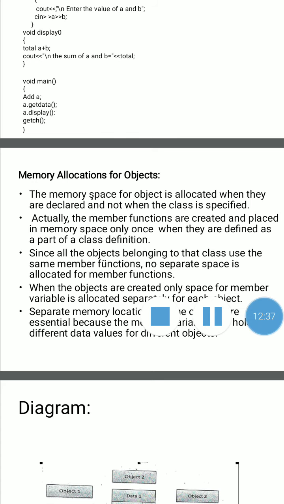But in the case of data members, memory is created separately for every object. There is no separate memory allocation for member functions, but separate memory allocation for data members is done.